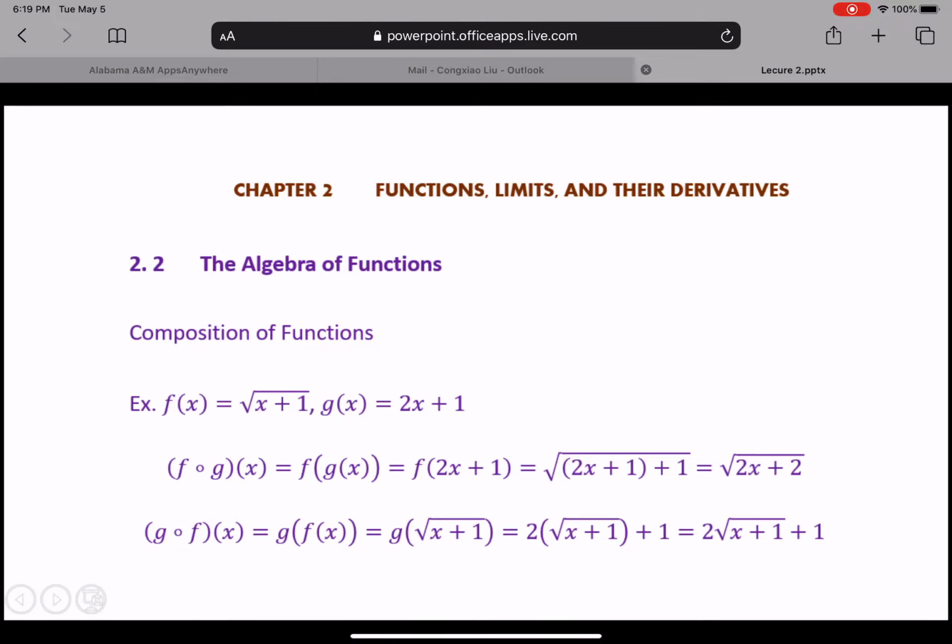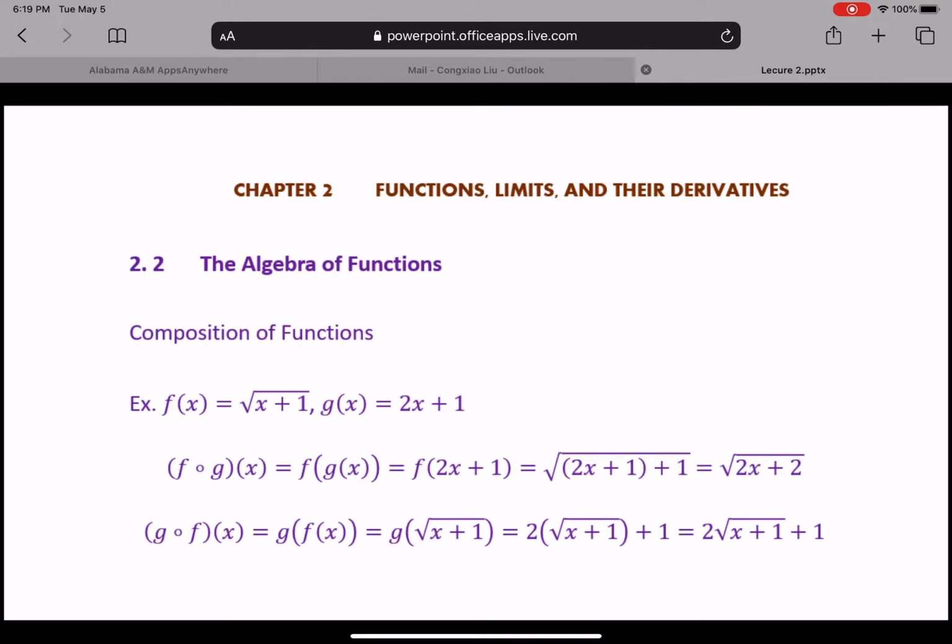Let's do an example again using the same functions, f and g. f is equal to the square root of x plus 1, and g is 2x plus 1. When we compose f with g, we do f of g(x) as we defined.